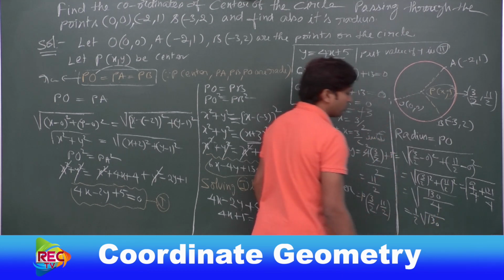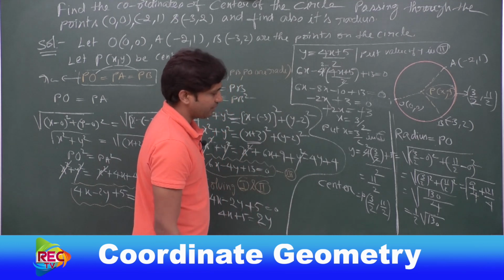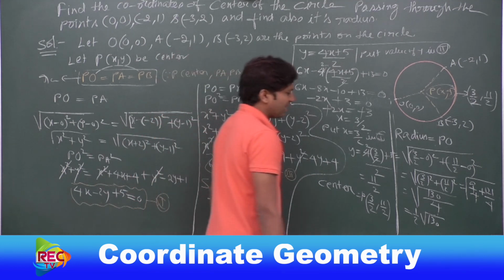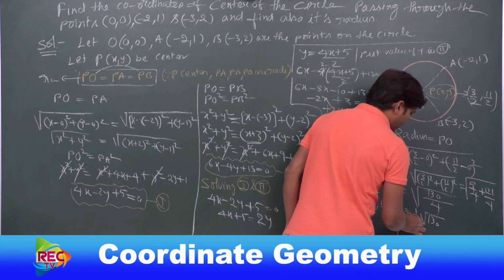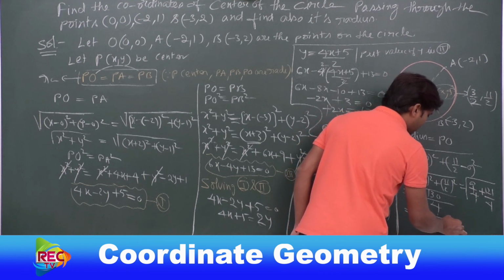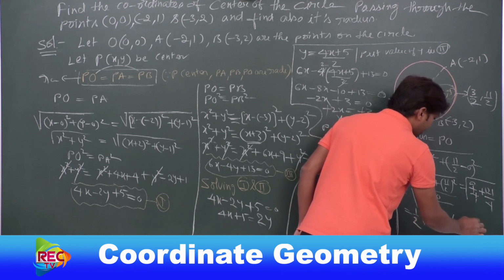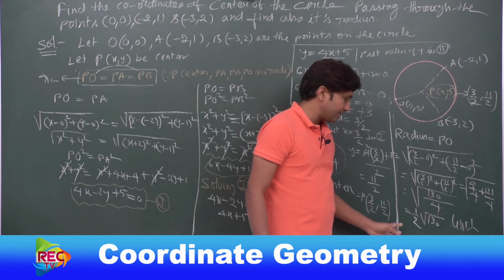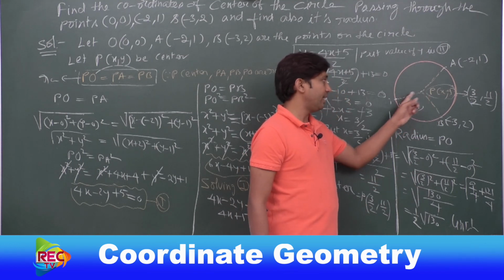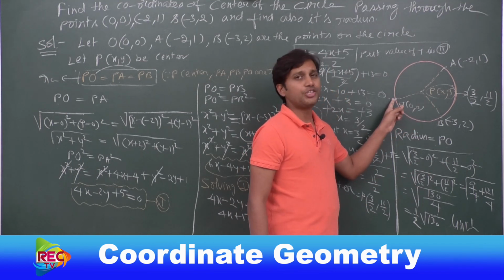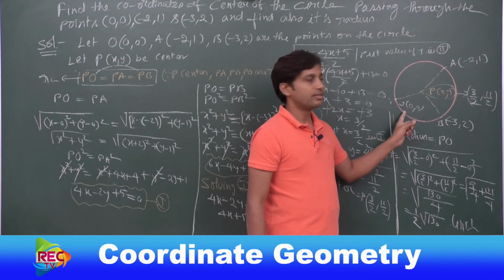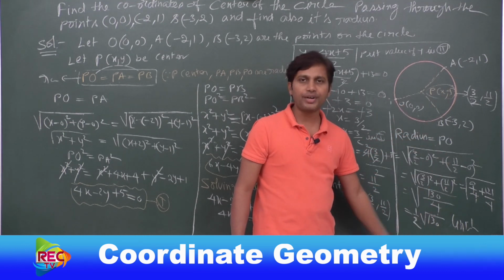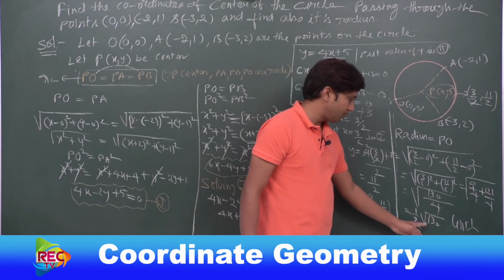If you want, you can do the further solution also, but we can leave it like this. 1/2 into square root 130 units is the radius. Here we found the radius. What is radius here? Distance between the center and a point on the circumference. I chose the point O (0, 0) because it's very easy to work with. And what is the value we obtained?